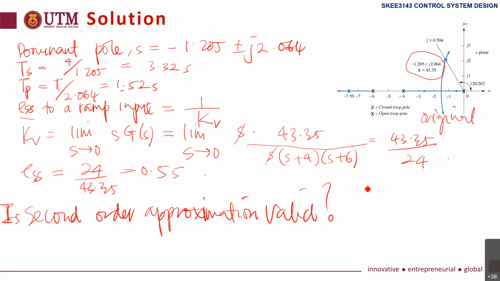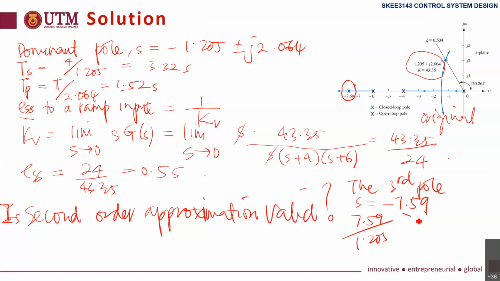It is valid because of the third pole. The third pole is at negative 7.59. Then 7.59 divided by 1.205 is greater than 5.